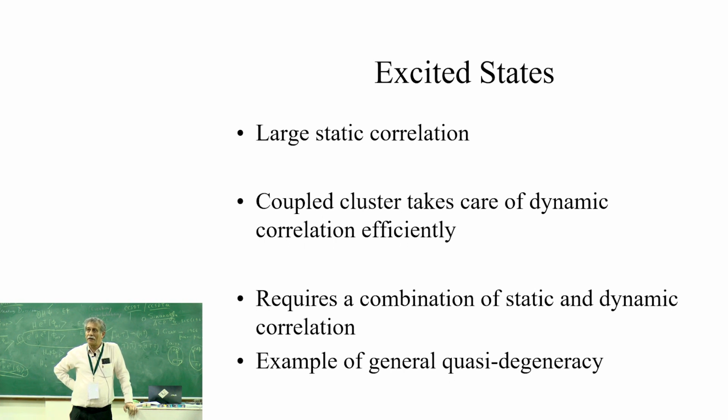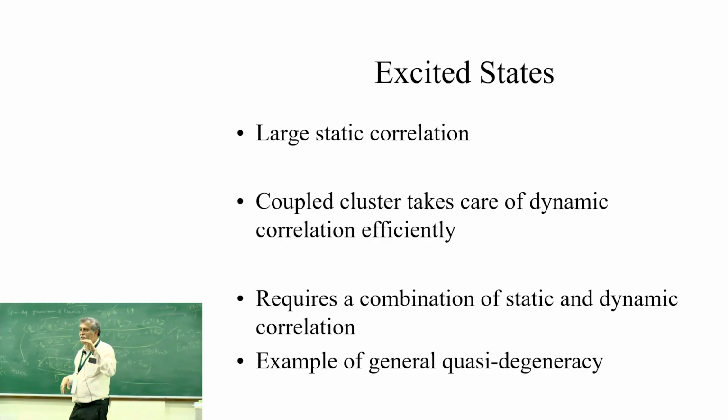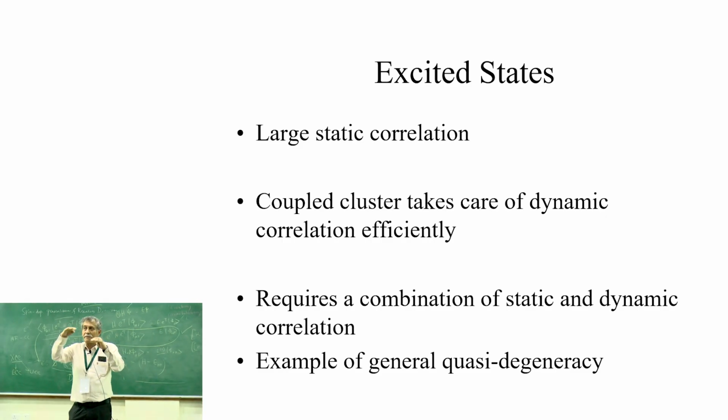Maybe you can elaborate on static and dynamic correlation. Yeah, so static correlation is where there is a combination of determinants, each of them large. So then you cannot do that by exponentiality. One simple example is the hydrogen molecule, if I have sigma g square and sigma u square, they become very large at the separation limit, right?